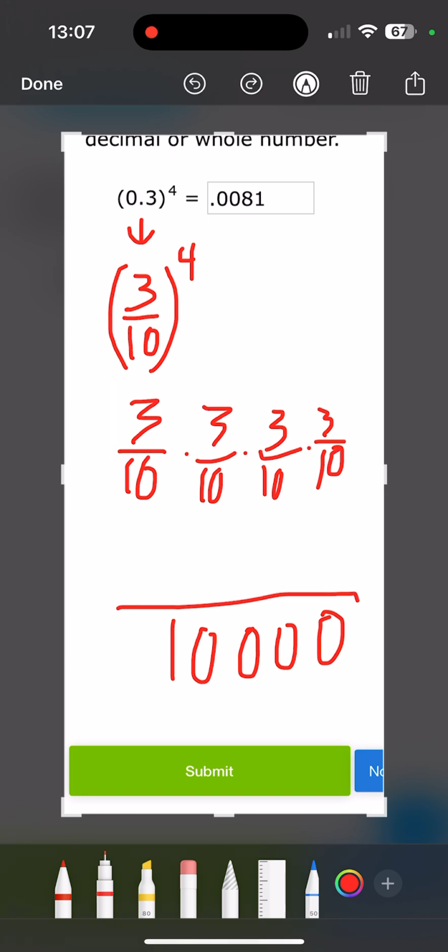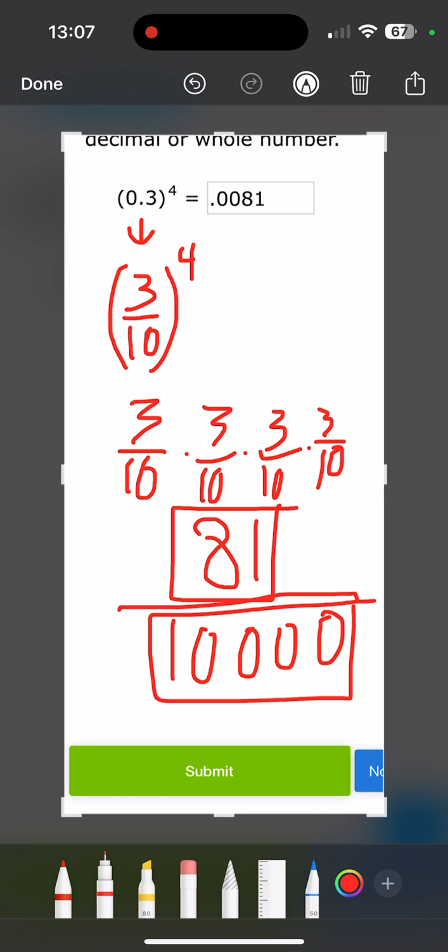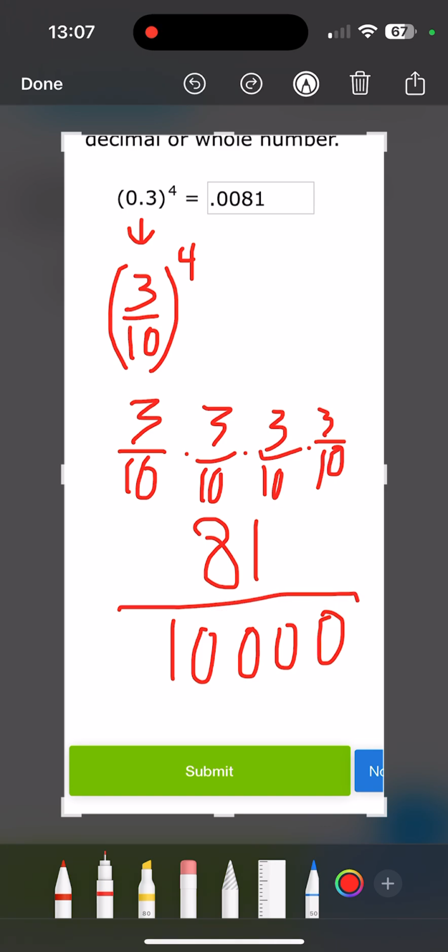So 81 over 10,000. And then there's no common factor between these two, so this would be the answer. And then you can even see how to convert it to decimal.